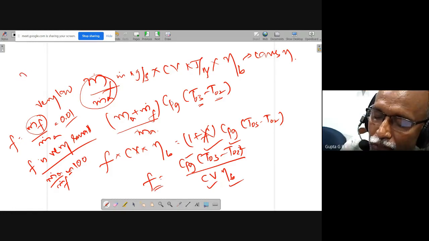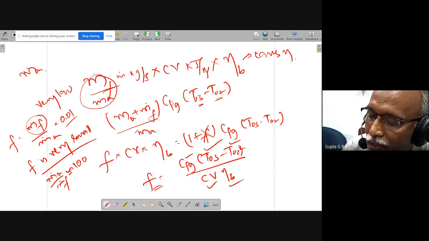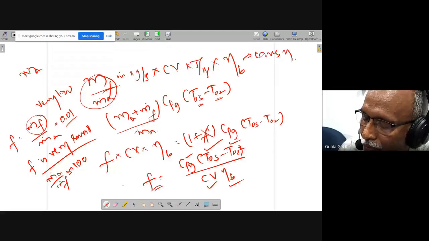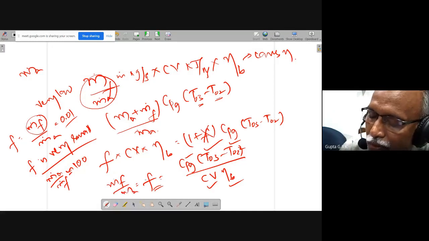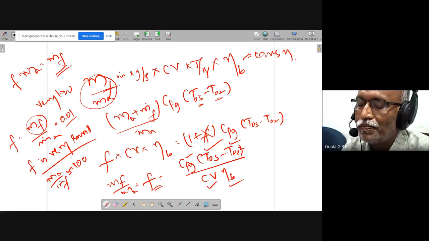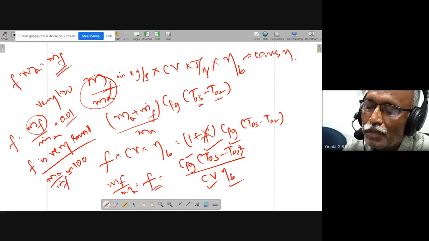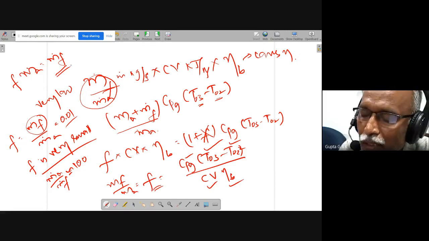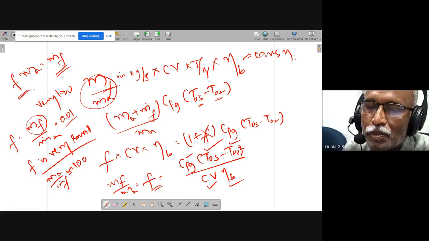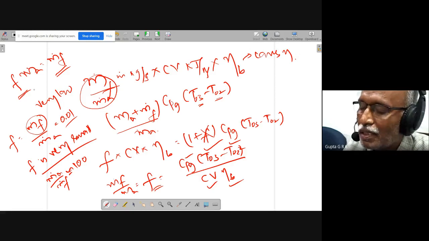So if you know mass flow of air, this is m dot f by m dot a, so m dot a into f is equal to m dot f. You can find out mass flow of fuel. So that is the way you have to find out. Or if it is not given, so this much of fuel air ratio, that is this much of fuel per 1 kg of air, like that you can say.